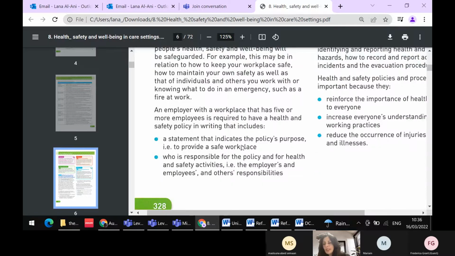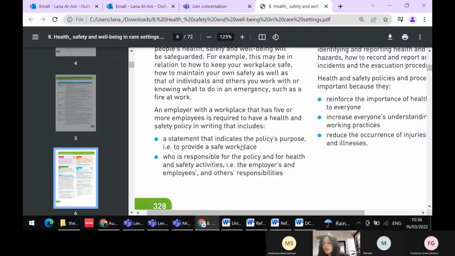An employer with 5 employees or more is required to have a health and safety policy. The purpose of these policies is to keep us safe, to keep the workplace safe, and to keep our clients safe.